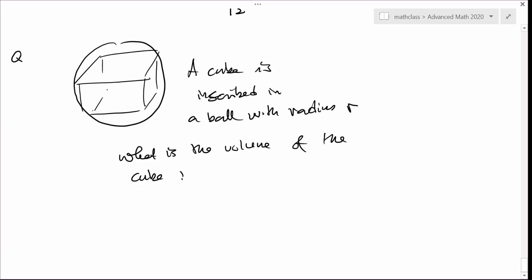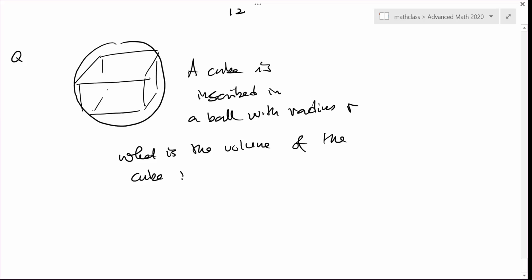Inscribed in a ball means this is the largest possible cube. The vertices touch the surface, all the vertices touch the sphere.